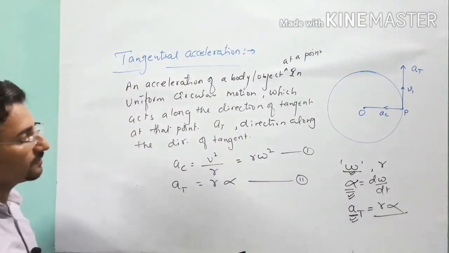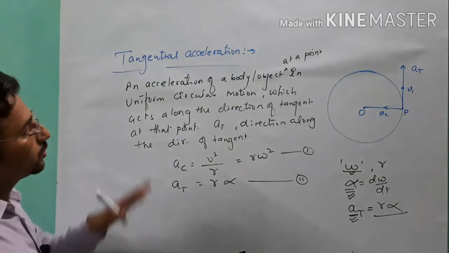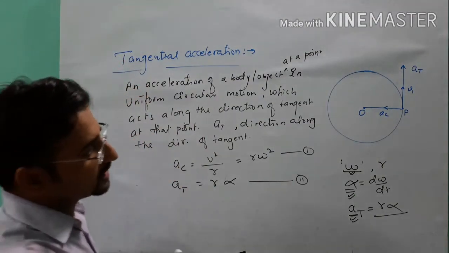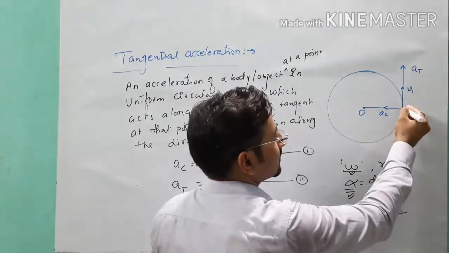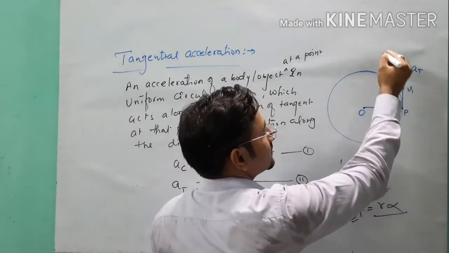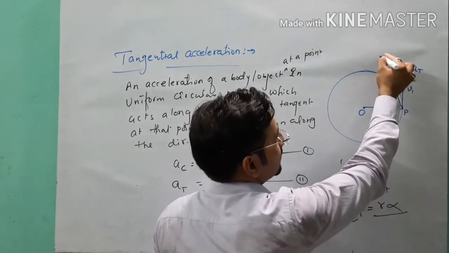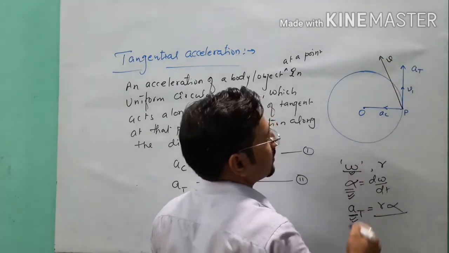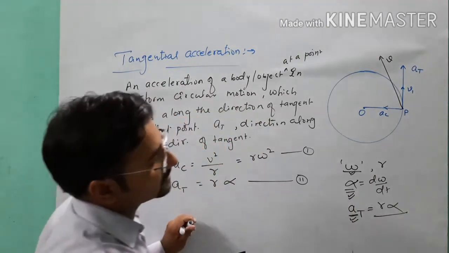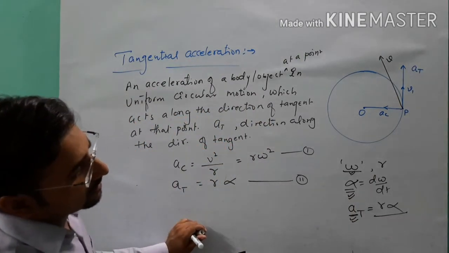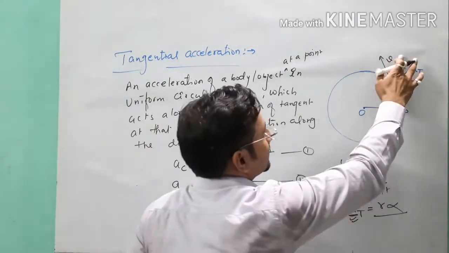Now after that, when we talk about the total acceleration of the object in its circular path, which we can represent like this. Suppose at any point we draw a line.